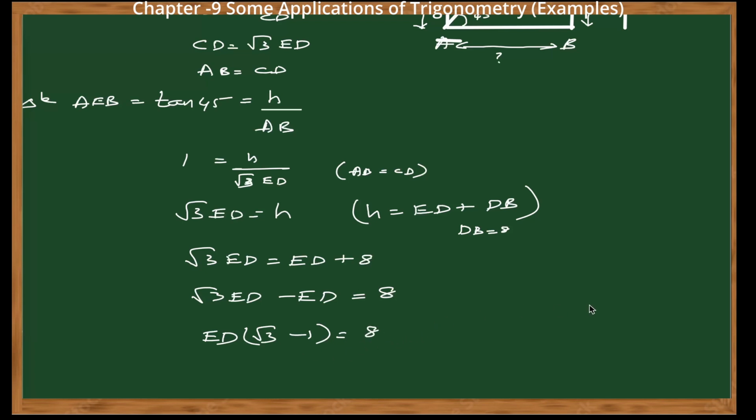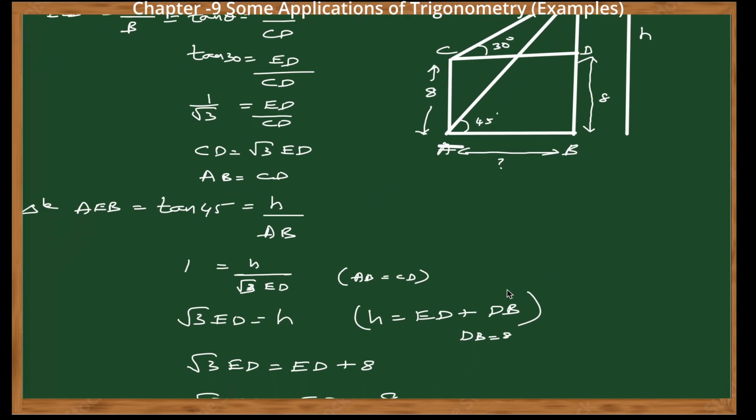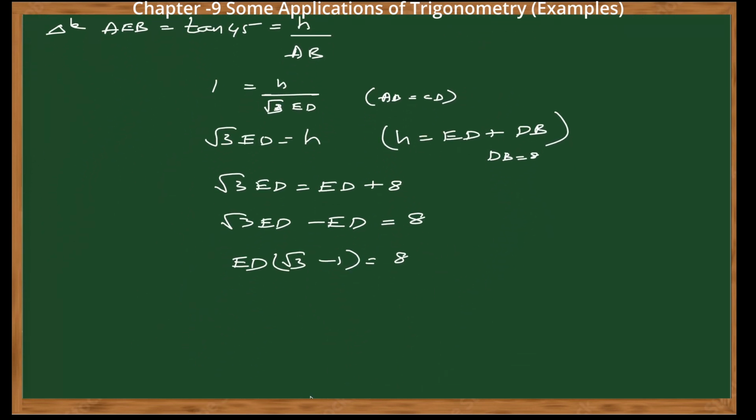So what is ED here? ED is the one which we need to find. So ED is equal to 8 divided by root 3 minus 1.